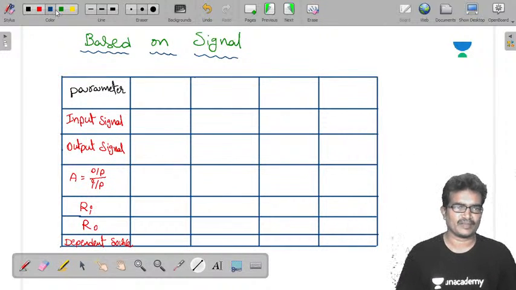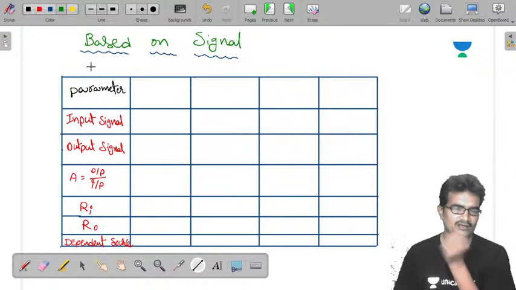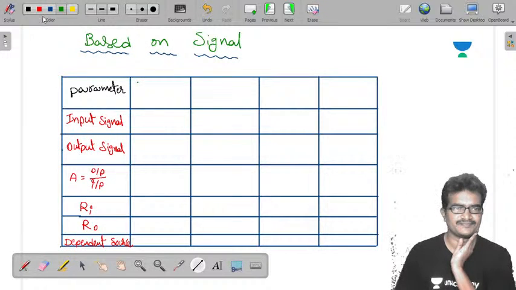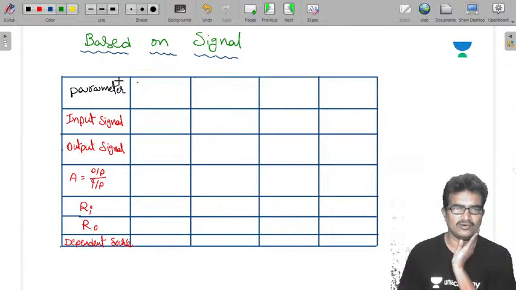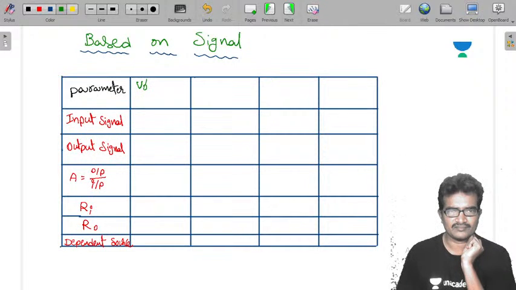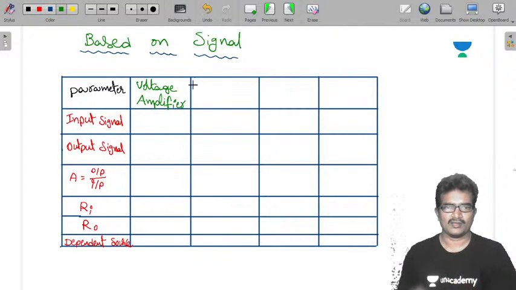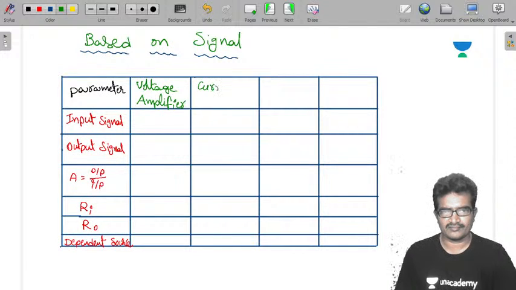Now, the first type of amplifier, I am taking the voltage amplifier. The second one is the current amplifier.